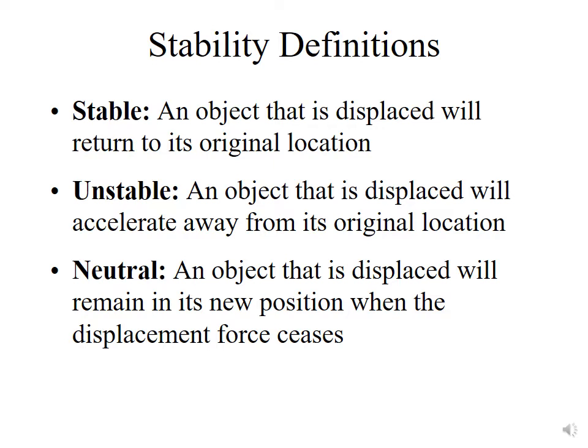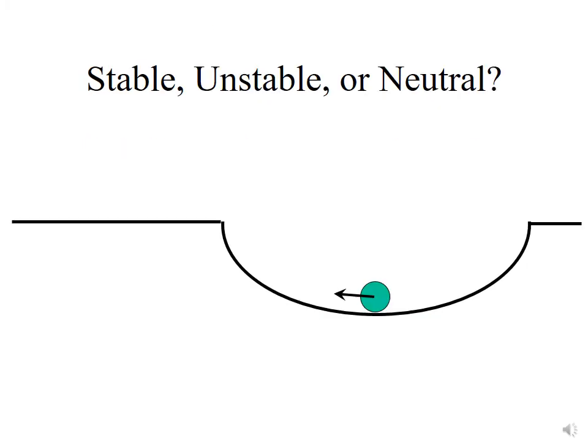For an unstable situation, an object that is displaced will accelerate away from its original location. And for a neutral atmosphere, in this case, an object that is displaced will remain in its new position when the displacement force ceases.